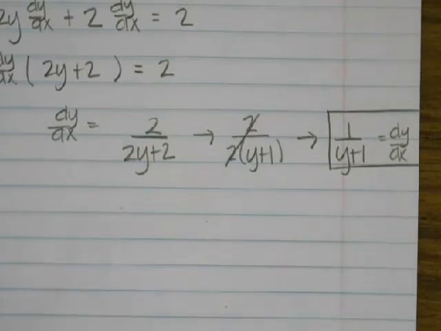So what are we going to do now? Yeah, take the derivative again. It's a quotient rule.